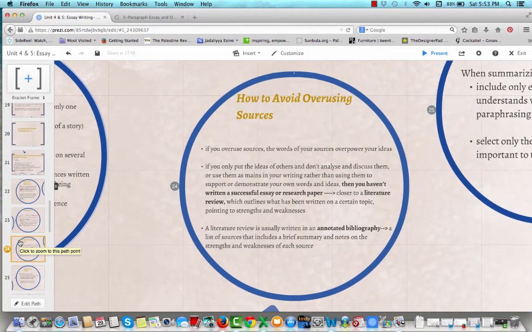Alright, guys, so back to sources. Usually, what happens is when we ask for sources, I ask for 3 sources, and I get papers where more than half of the writing is sources. Instead of a short quote, the long quote is usually a page long.